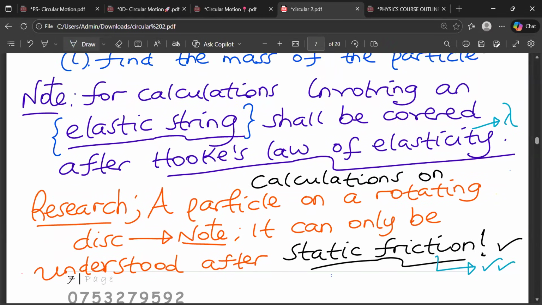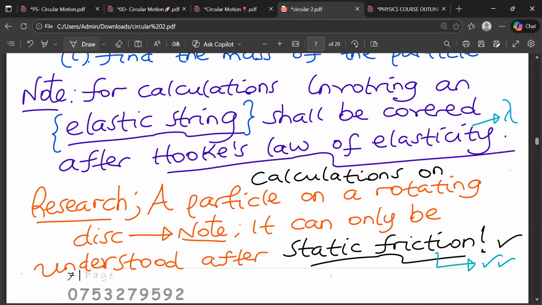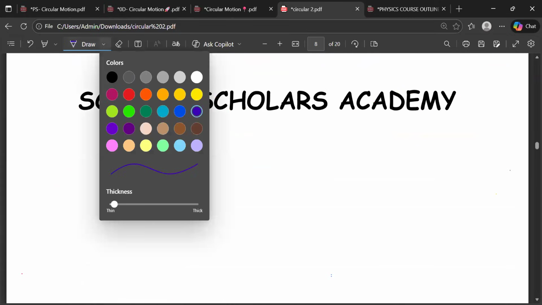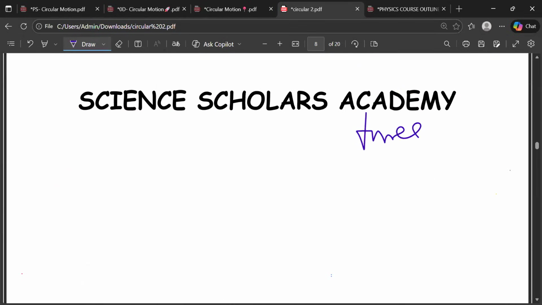But those who are conversant with those ones, I've given you a go ahead. So the next time I appear here, we shall be dealing with the what? The conical pendulum. So you do those numbers and post them in the discussion group, but even when I tell you, you don't usually do that. So next time we are covering the conical pendulum.